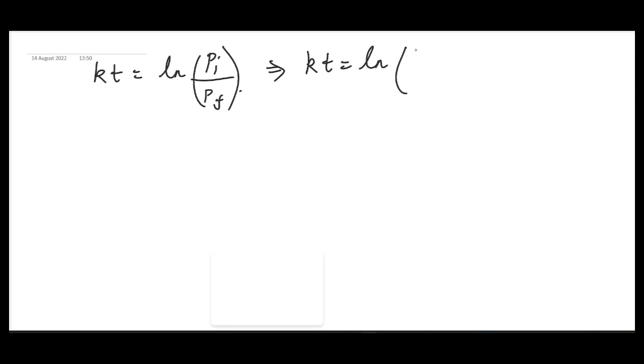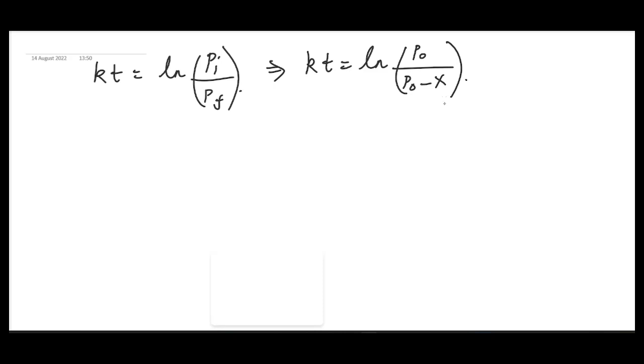Now we know the first order equation. First order equation is nothing but k times t is equal to natural logarithm of initial pressure Pi divided by final pressure Pf. This is the general equation. Now applying for this question, kt becomes logarithm of pressure initial which was P naught and the pressure final is P naught minus x, because we assumed x to be subtracted at time t is equal to t.